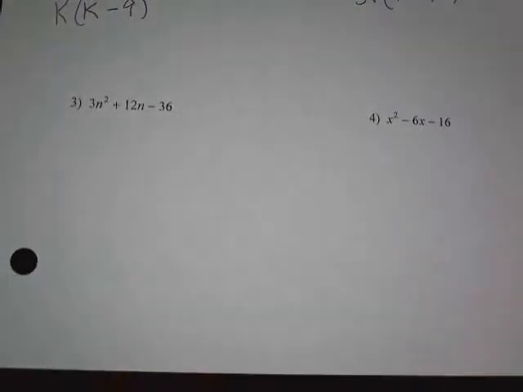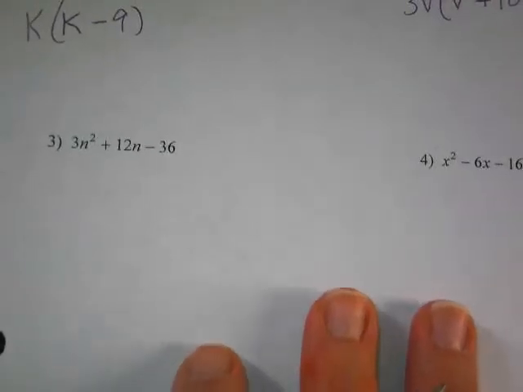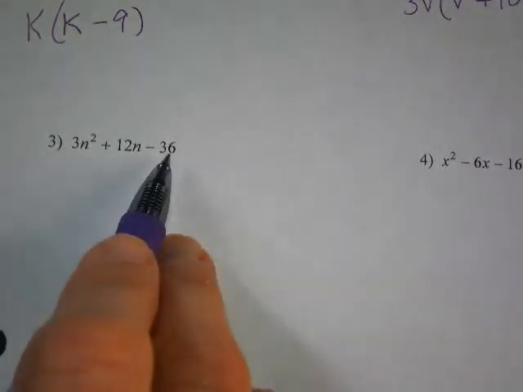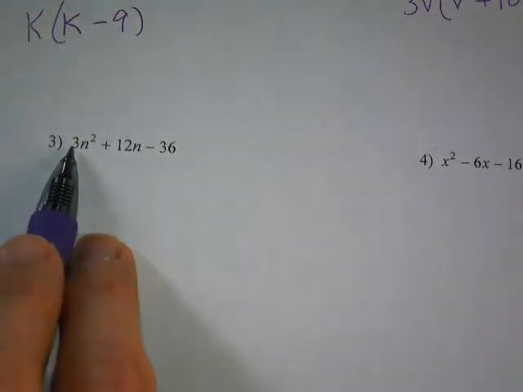We've got 3n squared plus 12n minus 36. So we have a quadratic again, but we don't have a 1 here, which is going to change everything. But what we can look to see is if the 3 is a GCF.